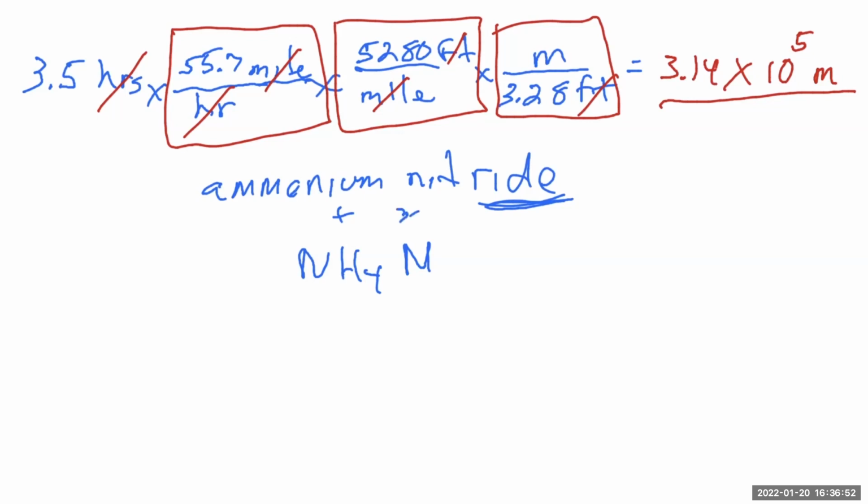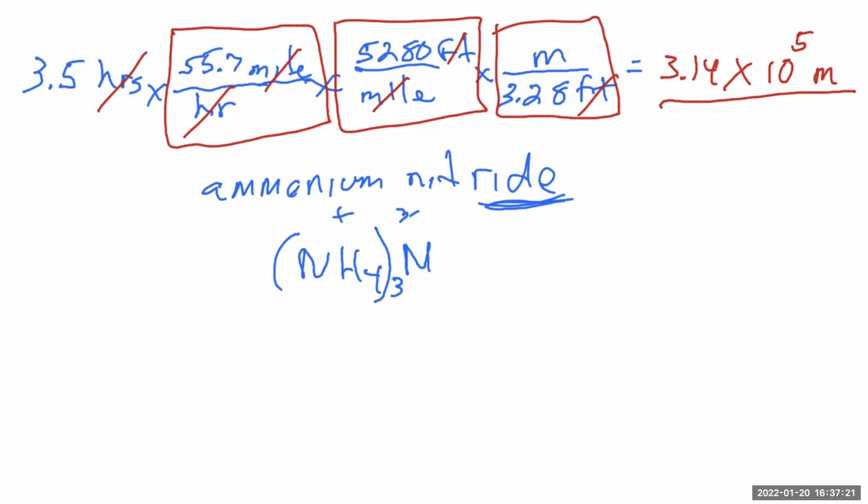So NH4 3 times and then nitrogen. The IDE ending means it's just the element, with a couple of exceptions. So there's your formula for ammonium nitride.